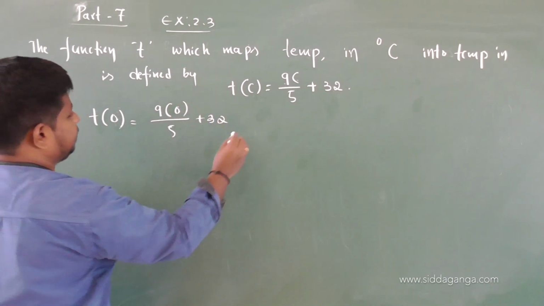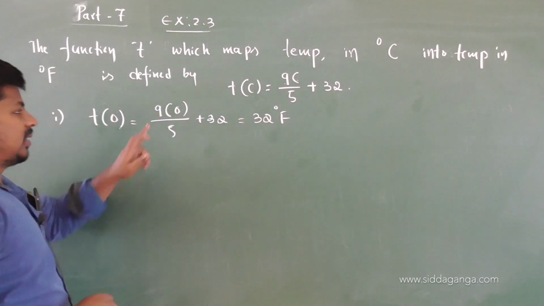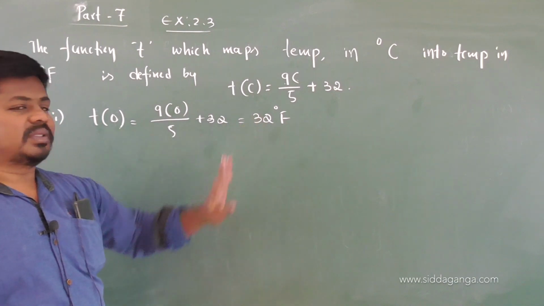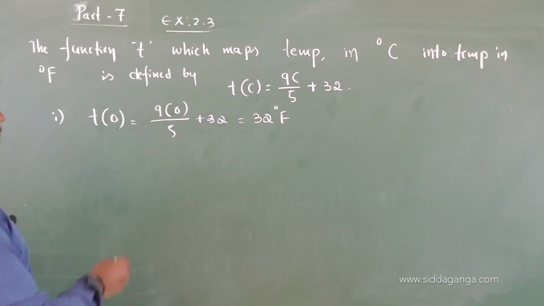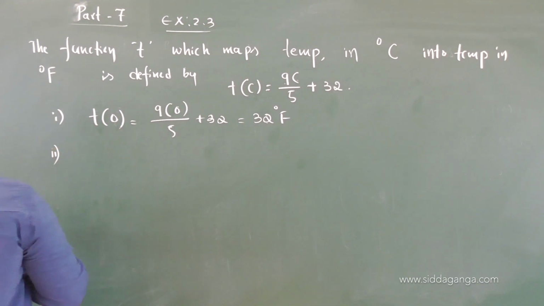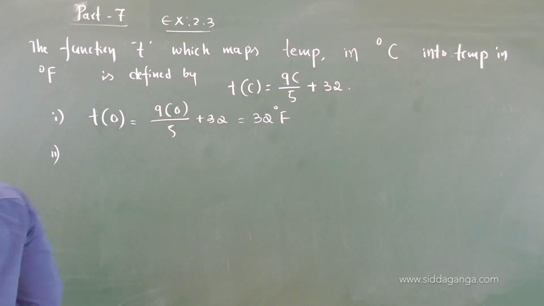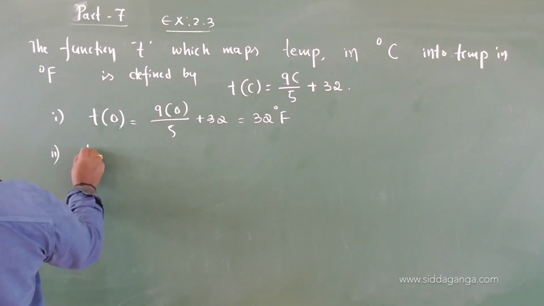So it gives 32 degree Fahrenheit. 0 by 5 is 0, plus 32 degree Fahrenheit, that's it. I mean 0 degree centigrade is the same as 32 degree Fahrenheit. That's the beauty of a function, right? Okay.